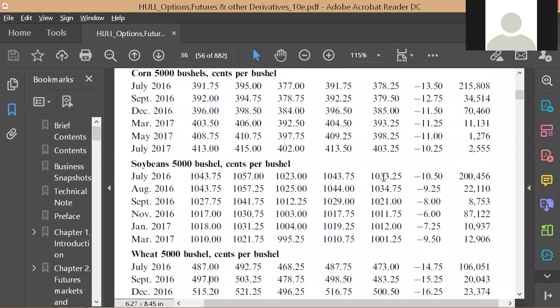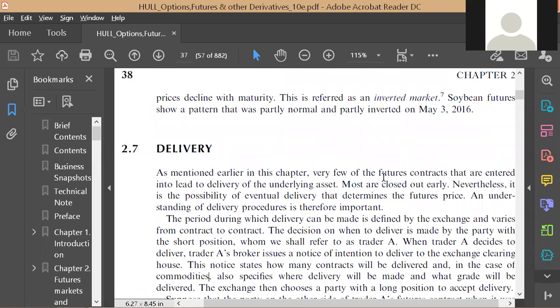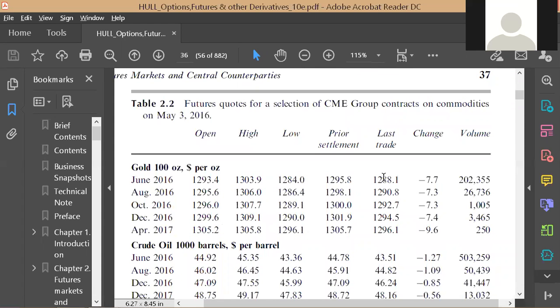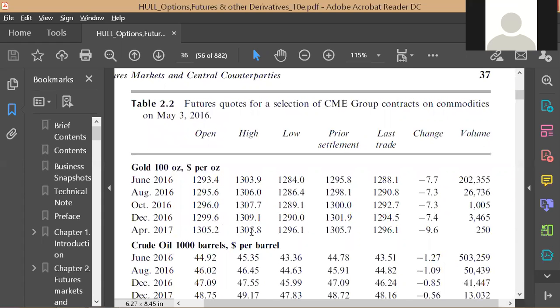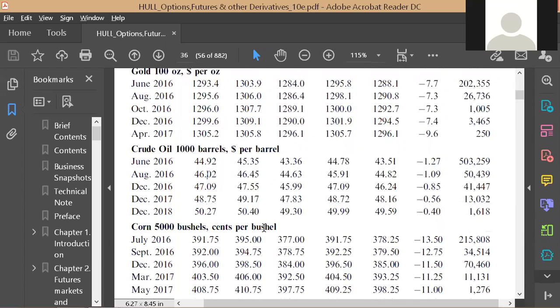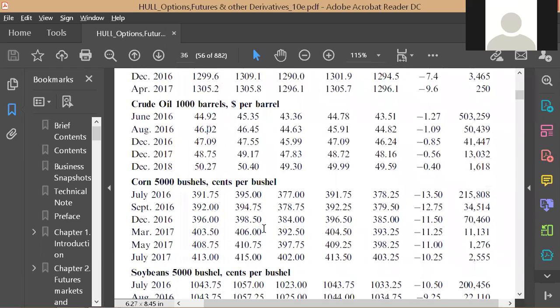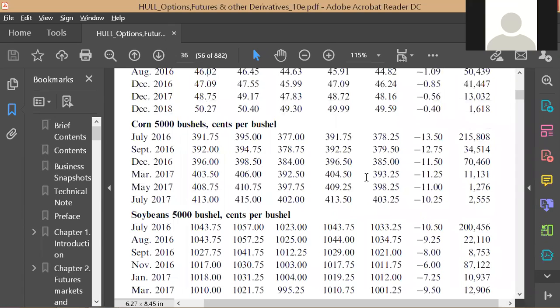He's used two terms. Normal settlement prices are increasing functions of maturity of the contract. You can see here, he's referred to corn and wheat. You can see it in gold also. Let's just look at corn.